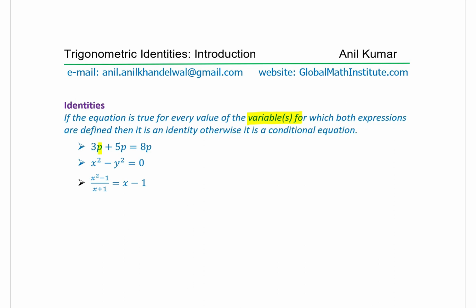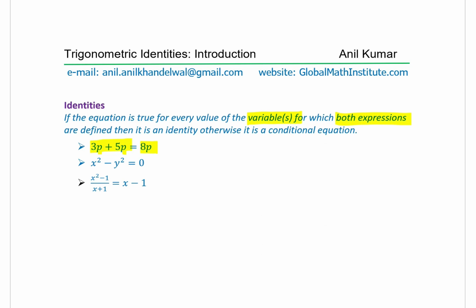These lowercase alphabets which are used are termed as variables as they could have any value. Both expressions here means the left side and the right side. So, if the equation is true for all the values of the variable in their domain, in that case it becomes an identity.